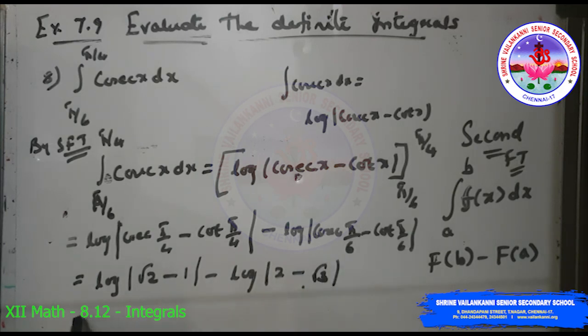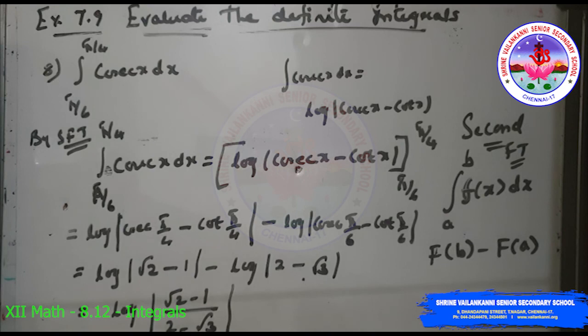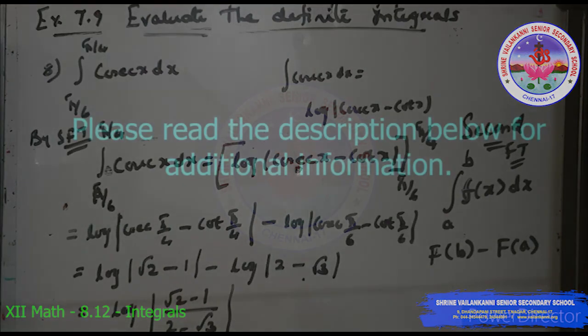So which is equal to log of root 2 minus 1 by 2 minus root 3. So therefore integral of pi by 6 to pi by 4 cosecant x dx is equal to log root 2 minus 1 by 2 minus root 3.